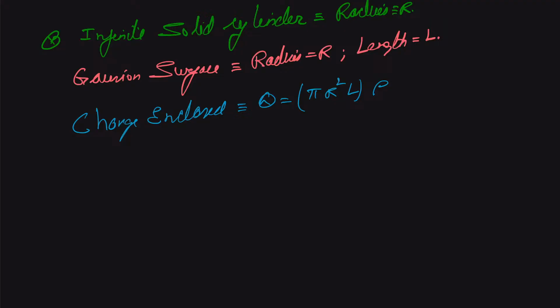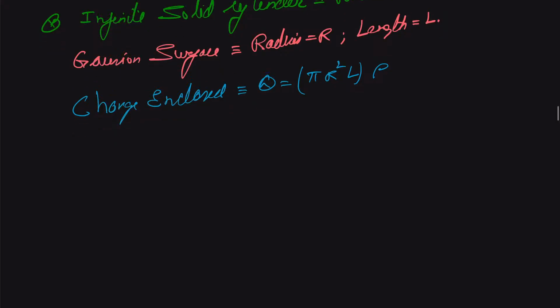And by Gauss law, if you integrate the electric field over the closed surface, that will come as E times 2 pi r l, which will be equal to the charge we found, q upon epsilon naught.